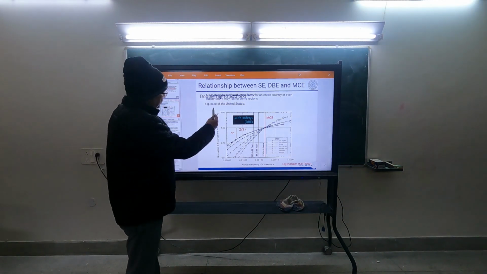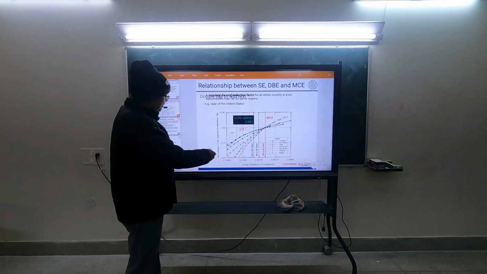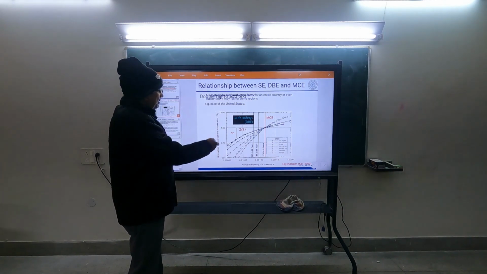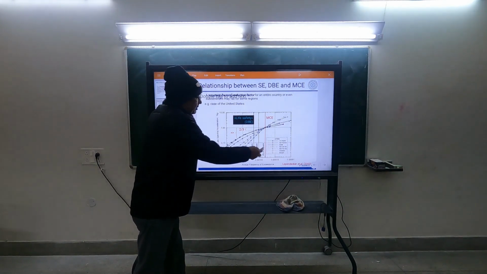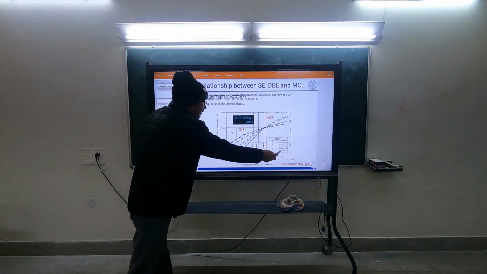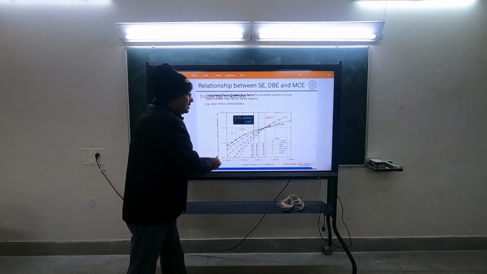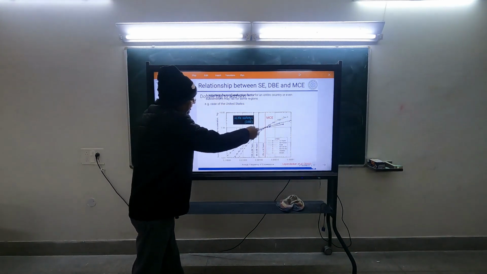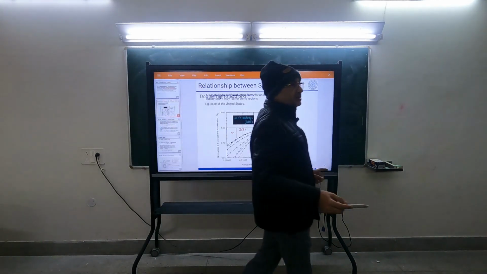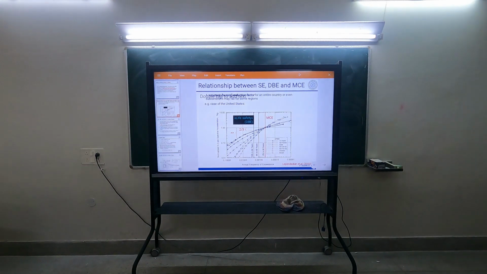The axes are rotated: spectral acceleration is here, and probability of exceedance is in reverse order, so the probability is lower here and increasing here. You can see this is the real shape. It is not exactly a straight line, but close to one. So what I have given as a straight line is an approximation.